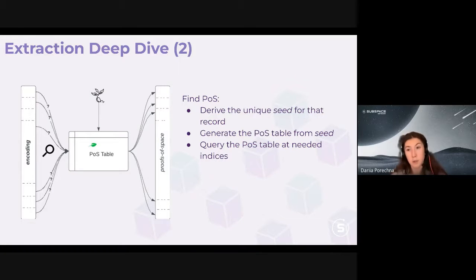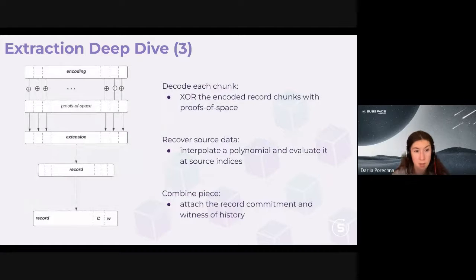They derive a proof of space table again, which is pretty fast for one piece. They get all the proofs that they need to decode the record, and they XOR them with the encoding, and they recover the erasure coded data, which is so far the same as in farming.